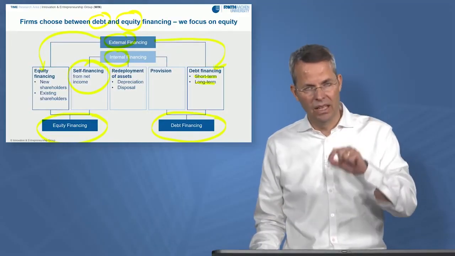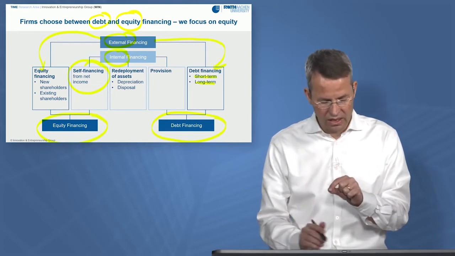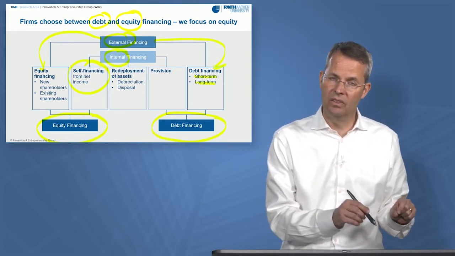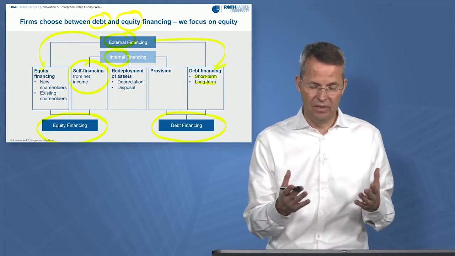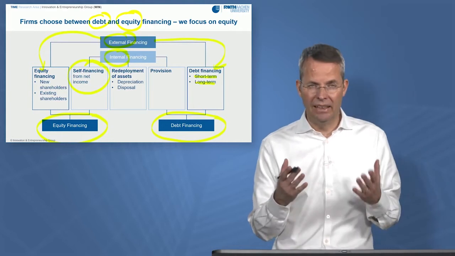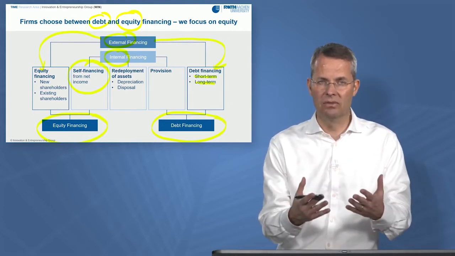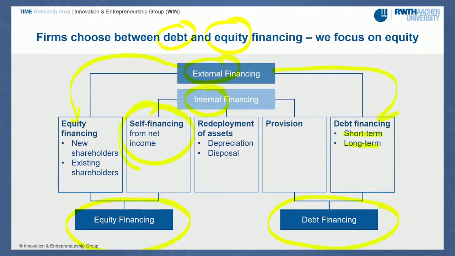Because you never have to repay it and pay an interest rate, so it's not like debt financing, and you don't have to give away shares. Remember SAP. The founders sold themselves as software consultants, they were making money, and they were actually self-financing their business, some kind of internal financing.